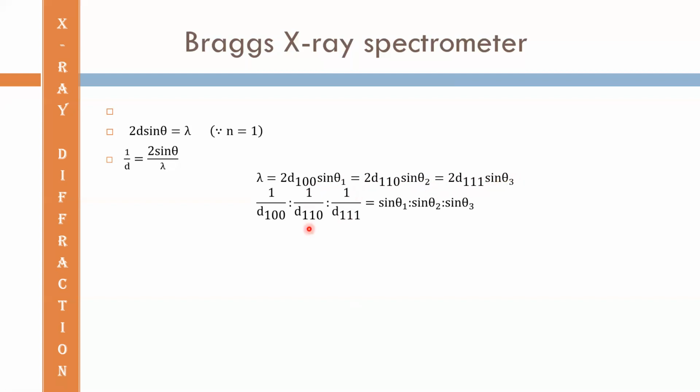Or this ratio must be equal to 1 by d100 is to 1 by d110 is to 1 by d111 is equal to sine theta 1 is to sine theta 2 is to sine theta 3. Okay.